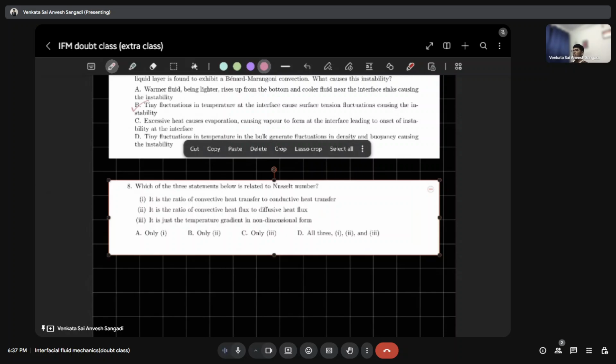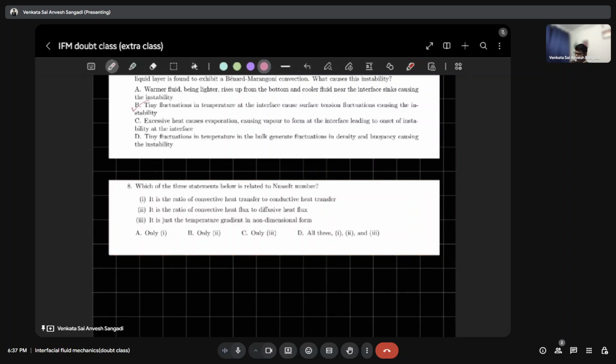Correct. It is a ratio of convective heat flux to diffusive heat flux. Convective heat flux is convection and diffusion is basically very similar to the conduction of heat. So therefore, it is also correct. And the third is it is just temperature gradient in the non-dimensional flow. If you have gone through the course, this is also the correct option.